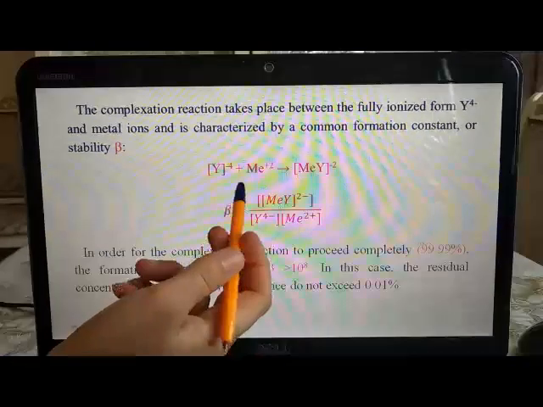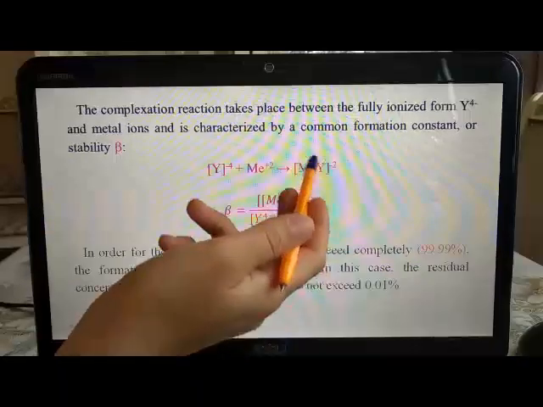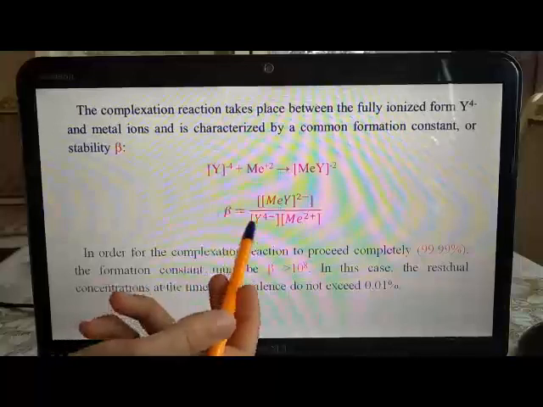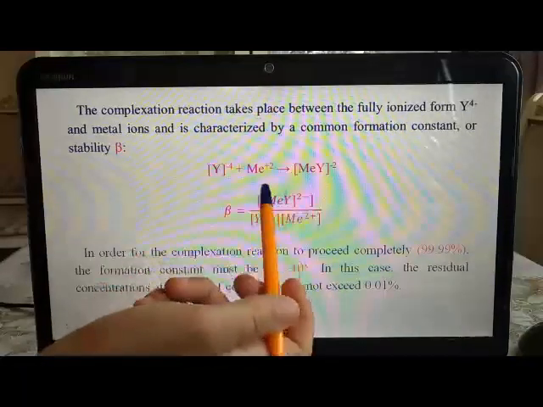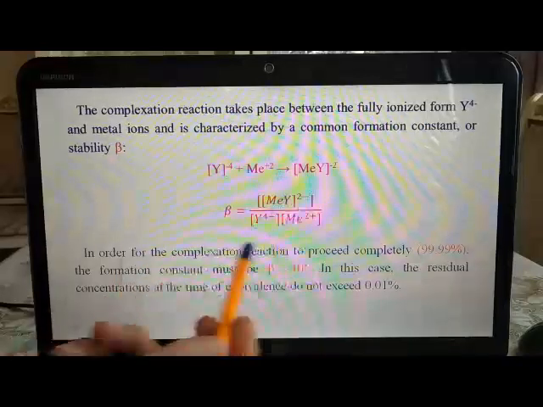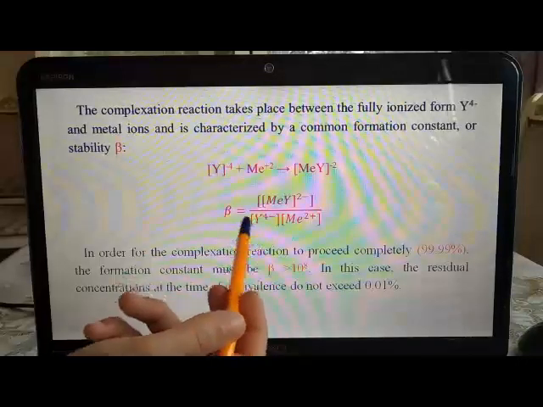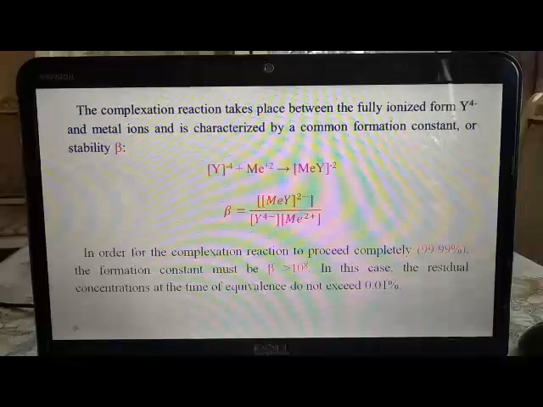The fully ionized form plus metal ion gives the new complex with the metal. From this, the stability constant is equal to the concentration of the metal complex divided by the concentration of the ionized form multiplied by the concentration of the metal ion.